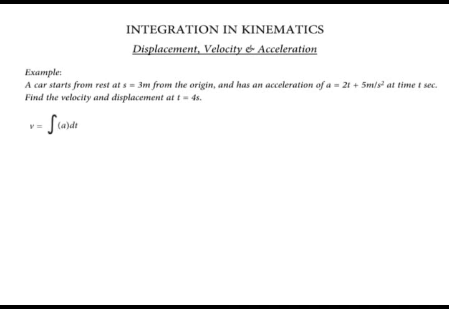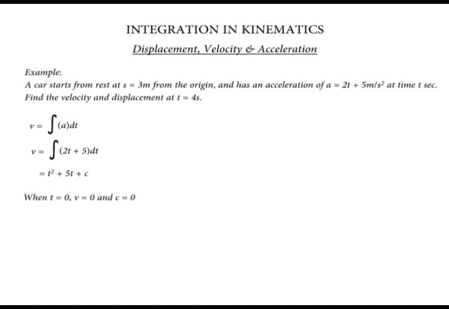v is equal to the integral of a with respect to time, and therefore v will be equal to the integral of 2t plus 5 with respect to t. That gives us t squared plus 5t plus c. Notice that this is an indefinite integration. When t is equal to 0, that is at rest, v is equal to 0, and if we substitute, we get c equals 0.